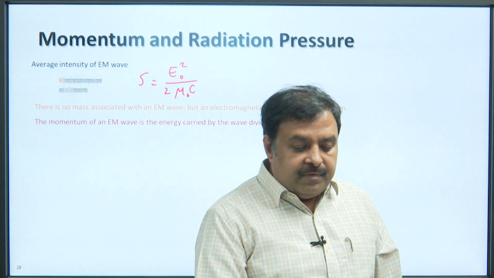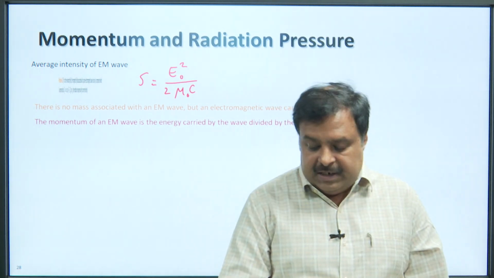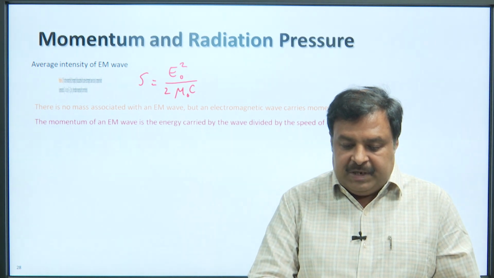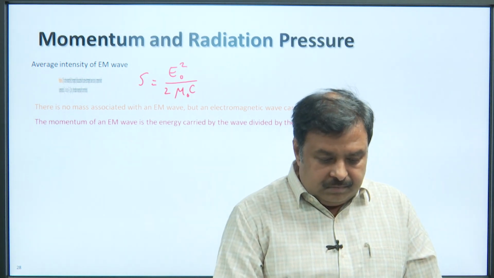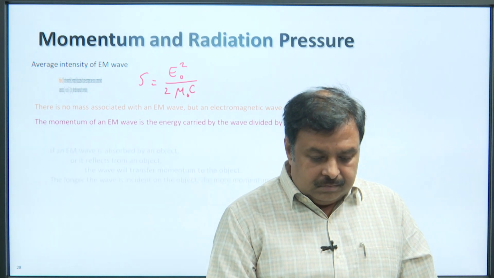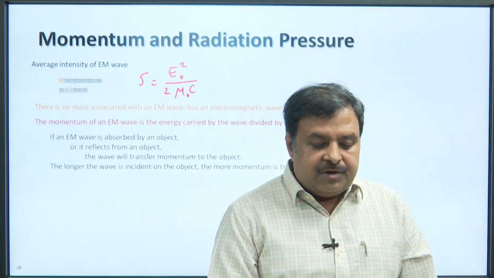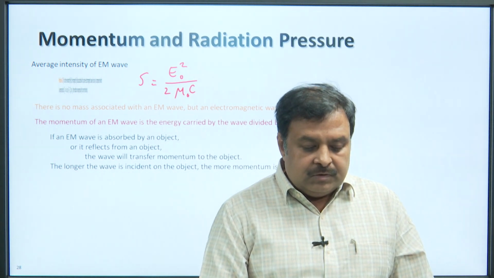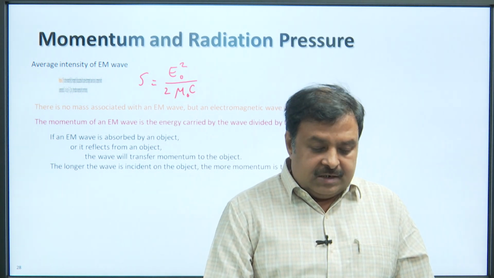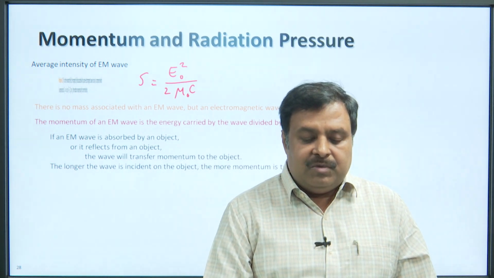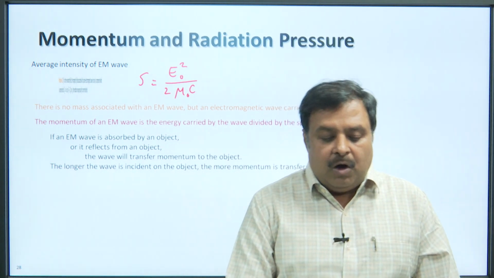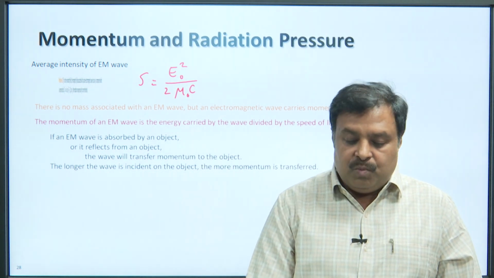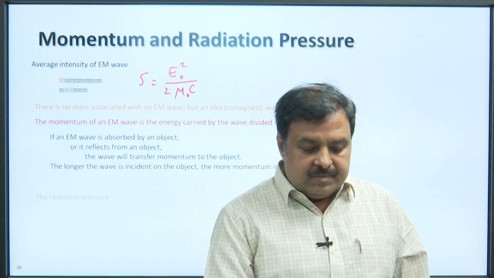The momentum of an electromagnetic wave is the energy carried by the wave divided by the speed of light. If an electromagnetic wave is absorbed by an object or reflects from an object, the wave will transfer momentum to the object. The longer the wave is incident on the object, the more momentum is transferred.